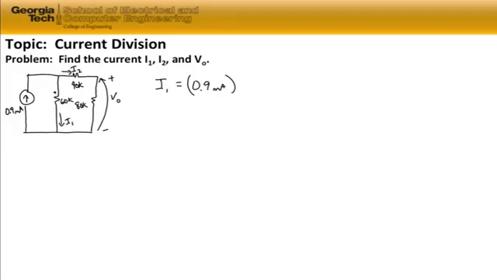So to find out how much of it is flowing through the 60 kilo ohm resistor, we take the resistance of the opposite path, which is a 40 kilo ohm resistor plus an 80 kilo ohm resistor, and we divide it through by the total sum of the resistances through the two paths. So it's 40K plus 80K for the rightmost path, plus the other path, which is our 60 kilo ohm resistor. And if we solve for I1 in this problem, then we end up with an I1 equal to 0.6 milliamps.